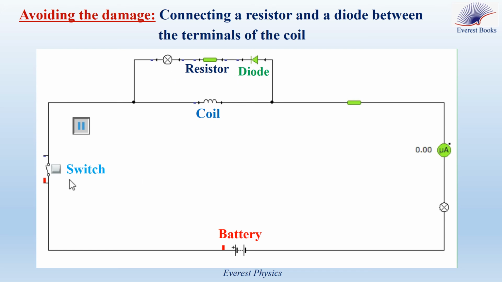And in this case, we avoid the damage at the switch contacts because there is no current in the branch of the switch.